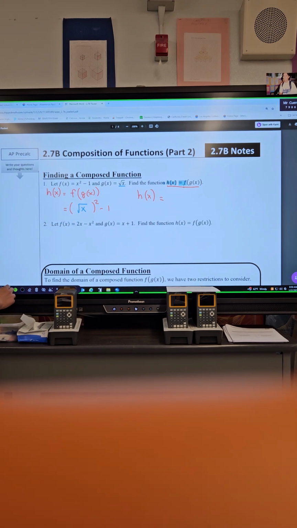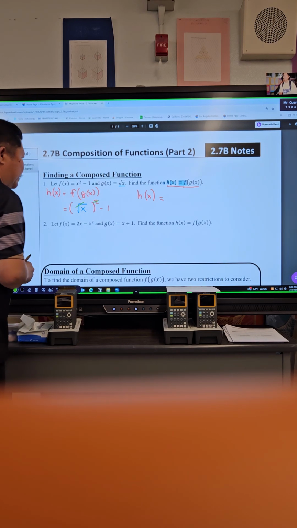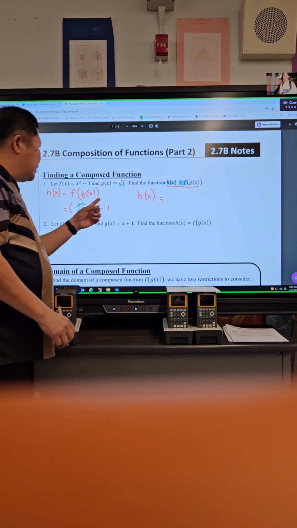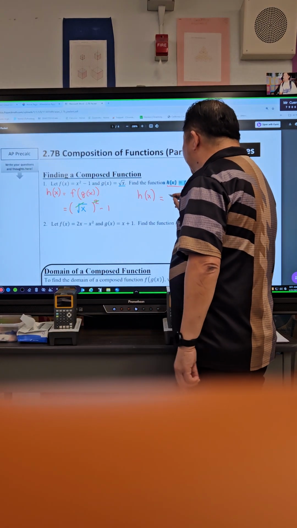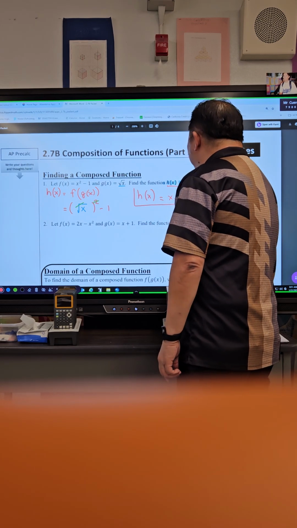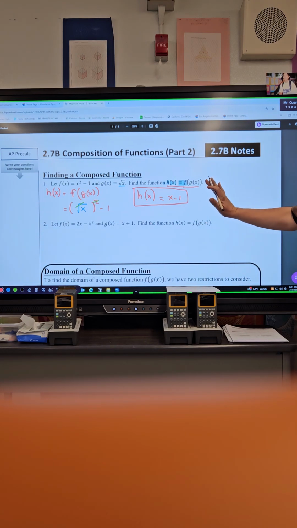Because it cancels out. So with this, the square root of x and the square cancel out, right? So therefore, our final answer is x minus 1. So h of x therefore is x minus 1. So thank you, Isaac. Any question? Pregunta.